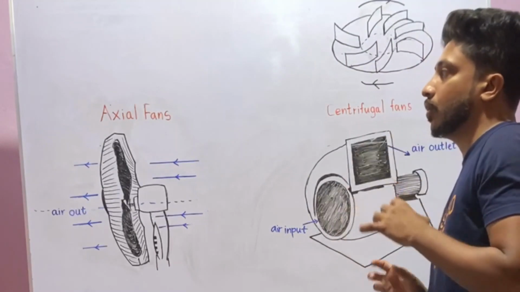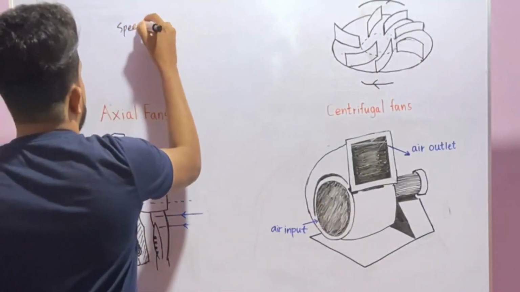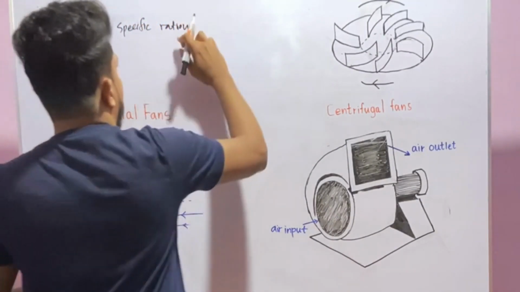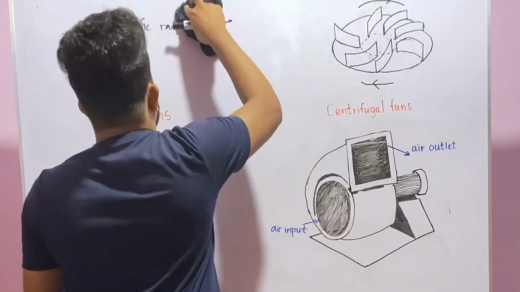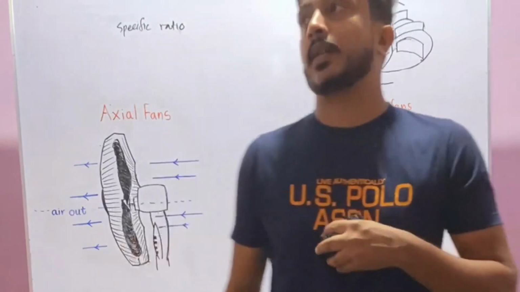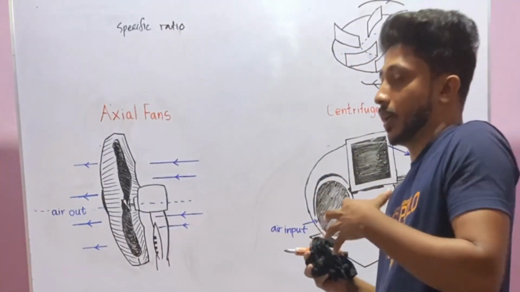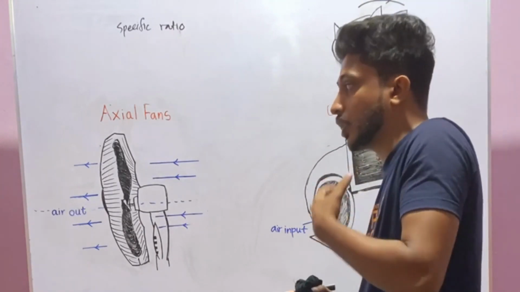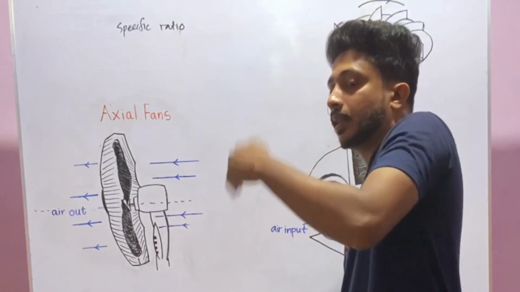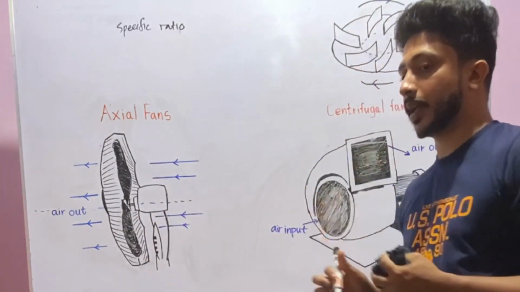If we take the specific ratio, that means delivery pressure over suction pressure. When the fan sucks some air, does some work and delivers the air, this is the basic mechanism.